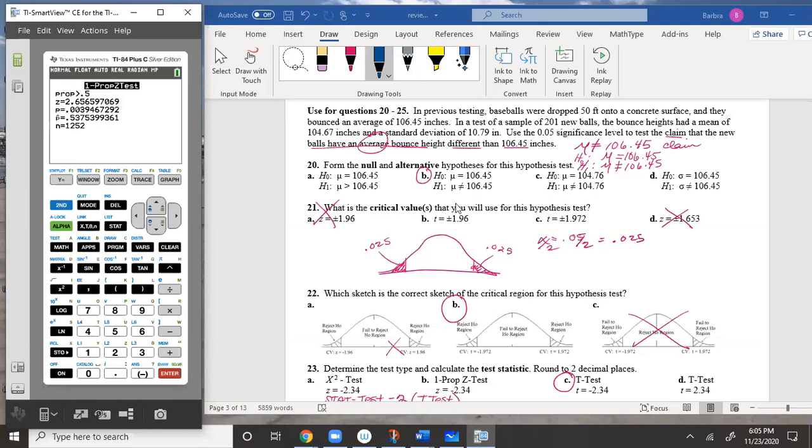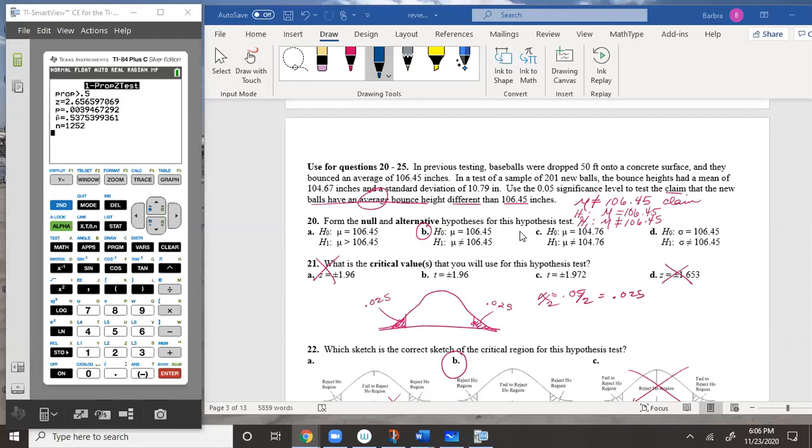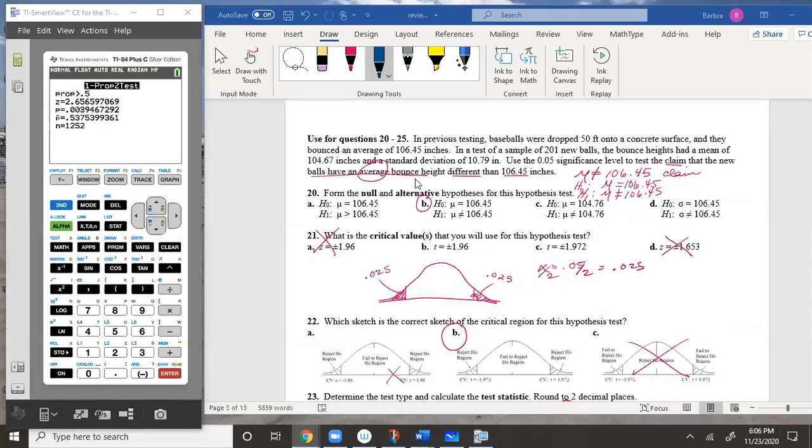To find the critical value, we need to look up the t in our formula packet here, but we're going to need the degrees of freedom when we do that. And the degrees of freedom is n minus 1. So in this problem, n is what? 201.